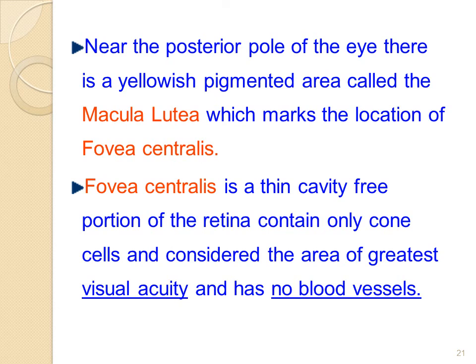What is the fovea centralis? It is a thin cavity, a free portion of the retina that contains only cone cells, without rods, and is considered the area of greatest visual acuity. It is very important in the structure of the eye, and it also does not have any blood vessels.